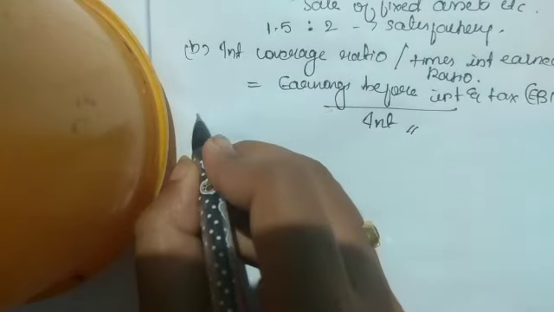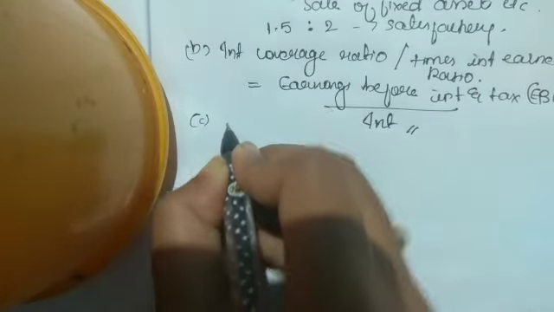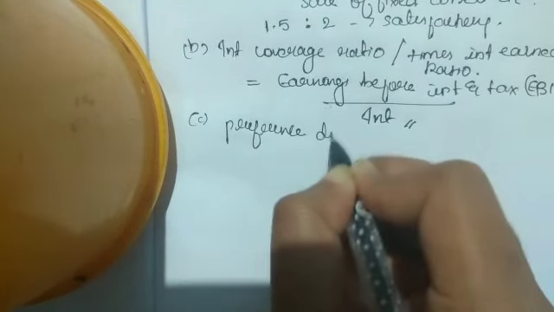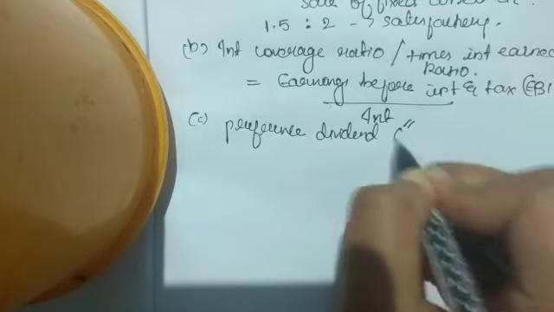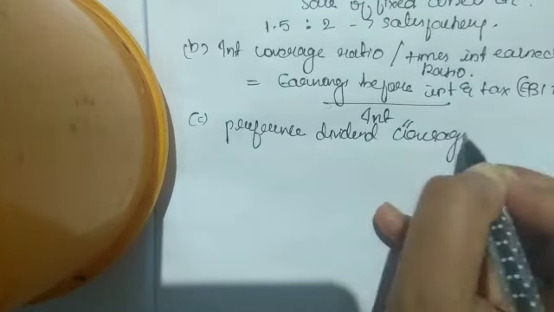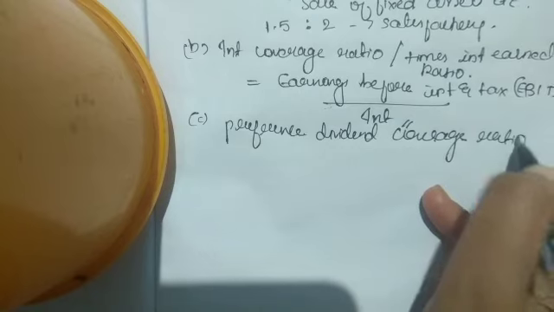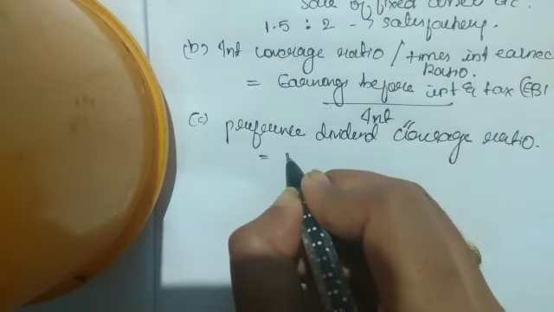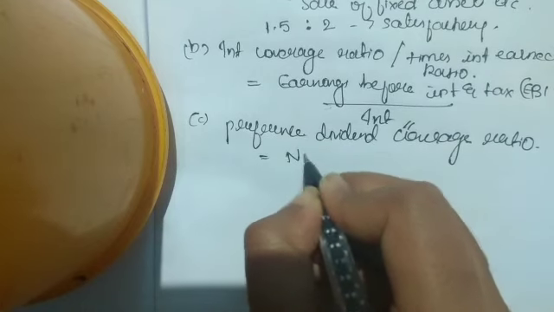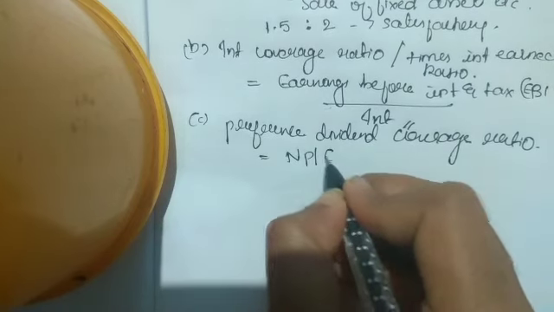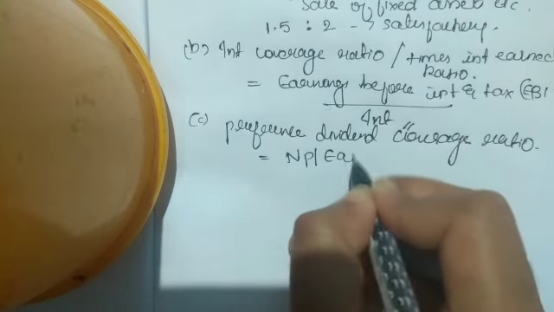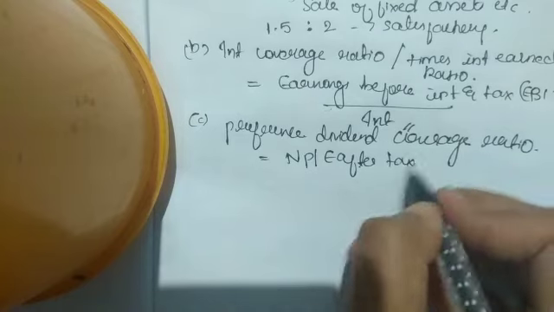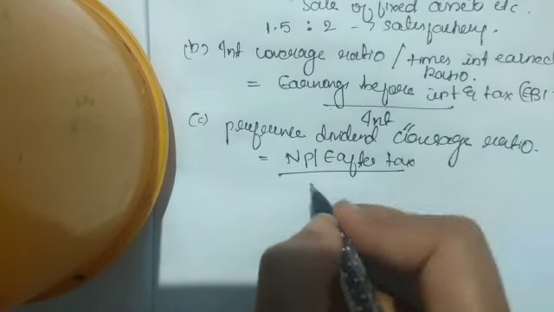The next ratio is preference dividend coverage ratio. That is equal to EAT, that is net profit or earnings after tax, divided by preference dividend liability.